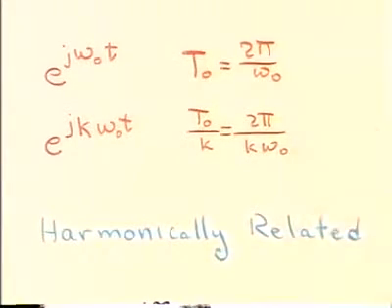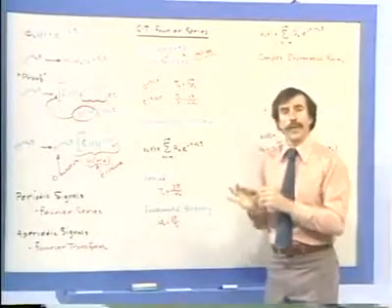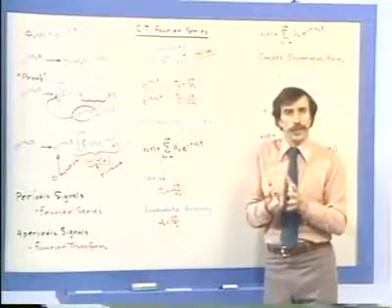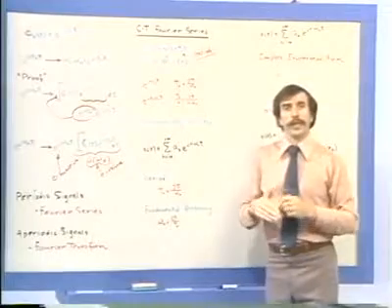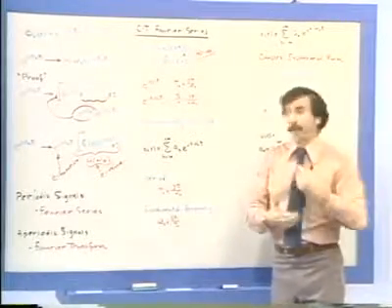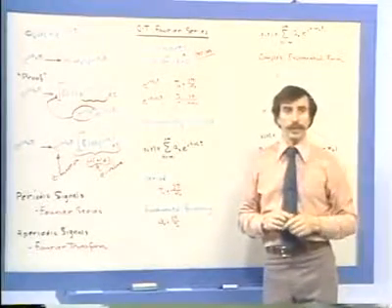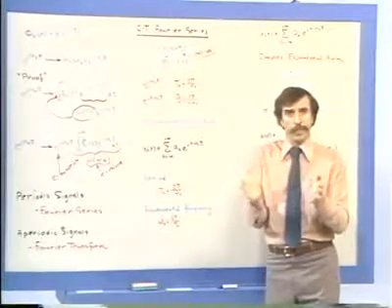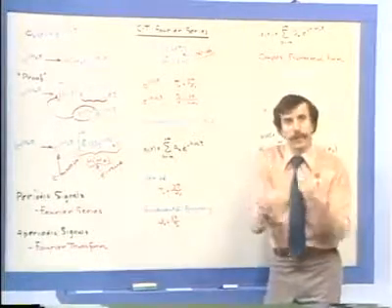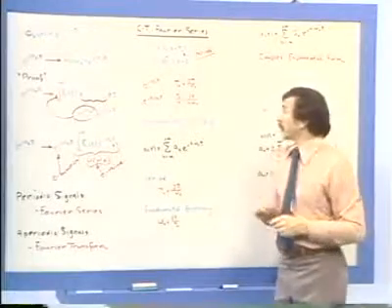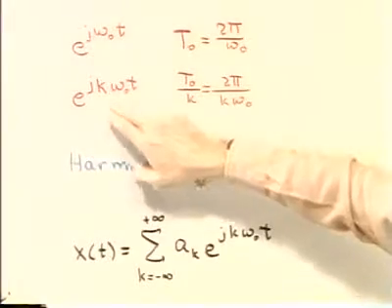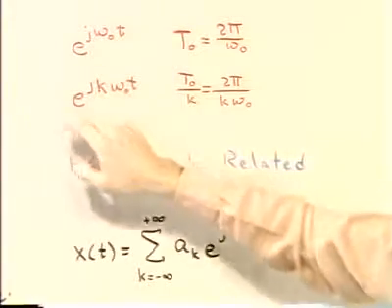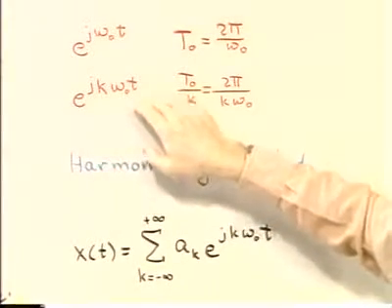Now, that's the complex exponential which has T0 as the fundamental period, but there are harmonically related complex exponentials that also have T0 as a period, although in fact their fundamental period is shorter. So we can also look at complex exponentials of the form e to the jk omega 0 t.